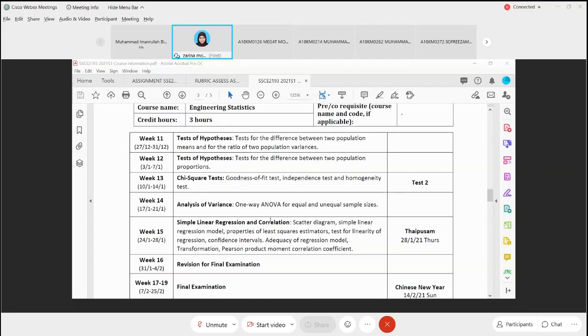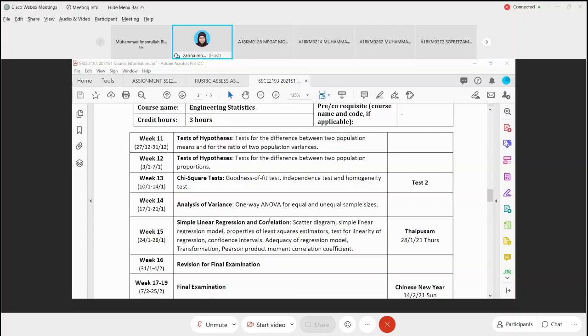We talk about testing mu1 against mu2 when the sample sizes are small and the population variances are unknown, and you assume the population variances are equal. In other words, you have case 3a. That is in chapter 4.